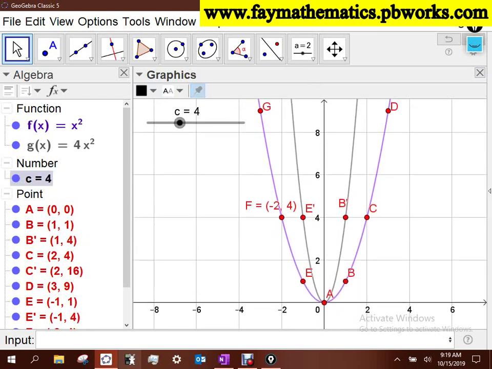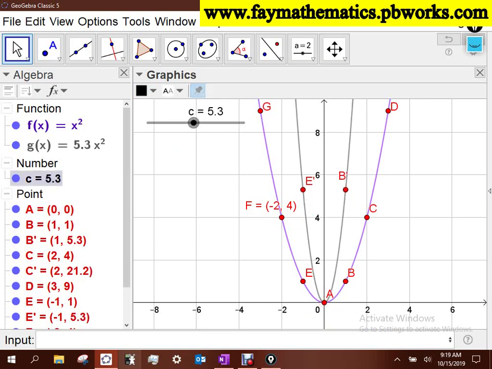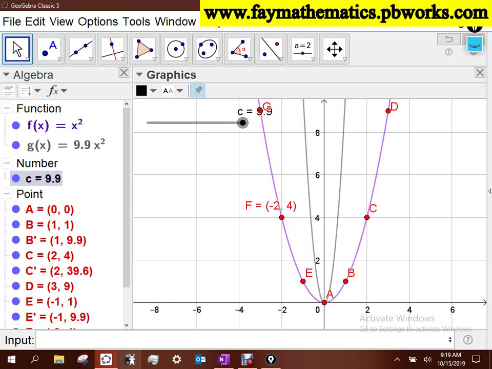Now, the idea is that I've got kind of like a nail at point A down here, and that's not going to move. That point is staying 0, 0. The reason I can put a nail there is because no matter what I multiply 0 by, I get a 0. So that is going to stay put. But as I pull up on G and D, that thing is going to be a stretch, and the graph looks like it's getting skinnier, right?